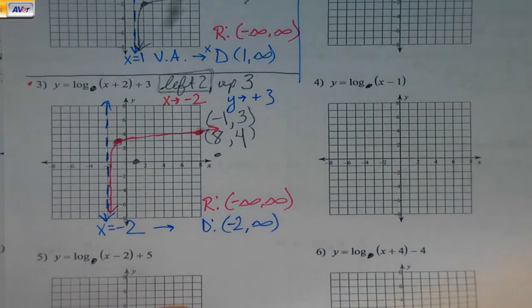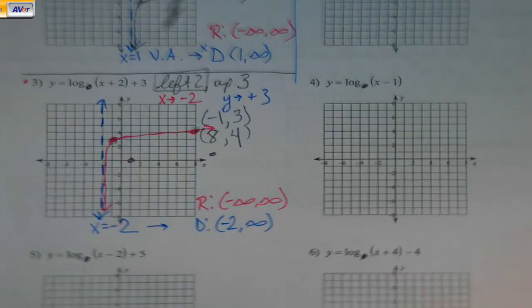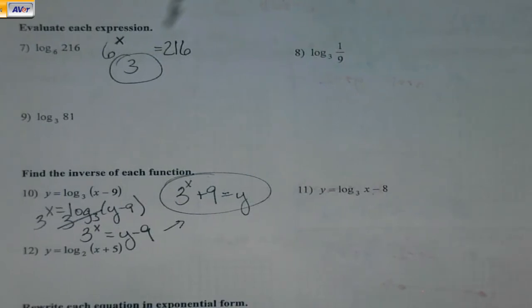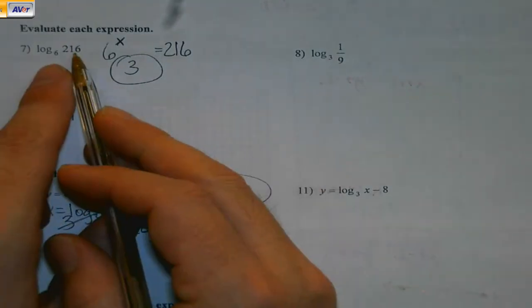Now with the other stuff that we did yesterday, we're going to flip over for that part. Now some of these problems have been done already, and I did this for a reason. One, if somebody wasn't here, I wanted to be able to see. Two, I wanted to let you see different ways of doing this. We talked yesterday about change of base.